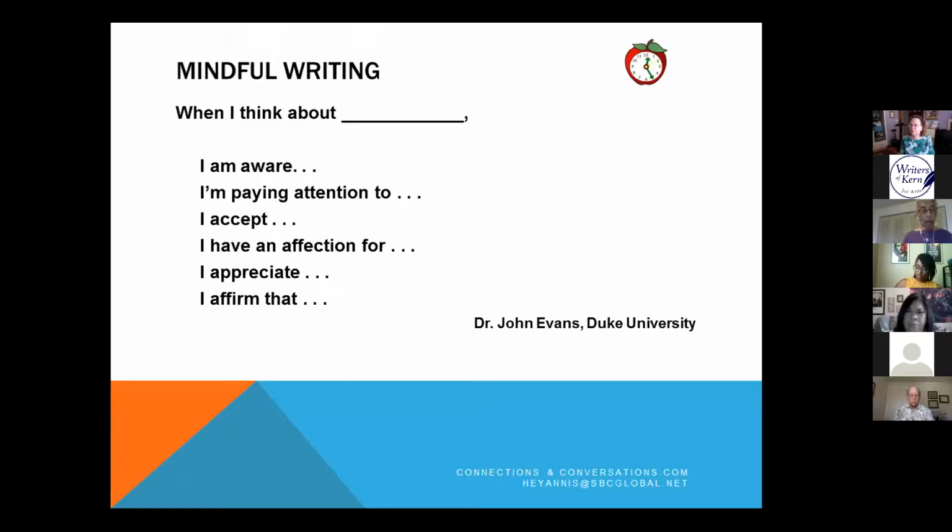So you might write, when I think about COVID-19, I am aware that such and such. When I think about COVID-19, I'm paying attention to such and such, and so on and so forth, all the way down the line.